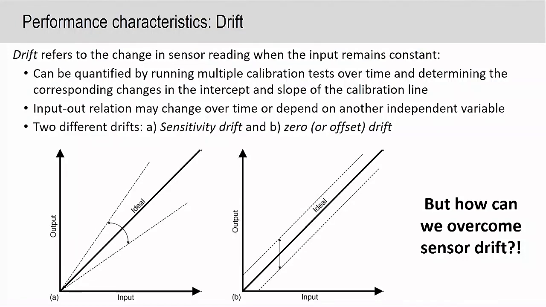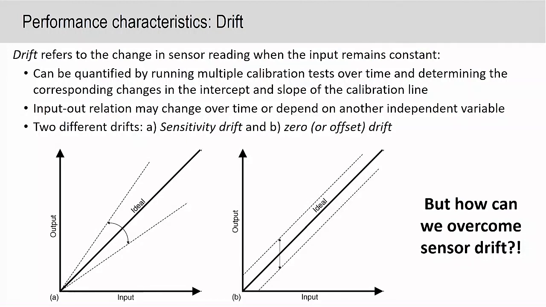Drift. Drift is another key parameter when dealing with sensors, particularly for implantable sensors. For non-implantable sensors, it's not always an issue if the drift only occurs within the body. It essentially refers to the change in the sensor reading when the input remains constant.